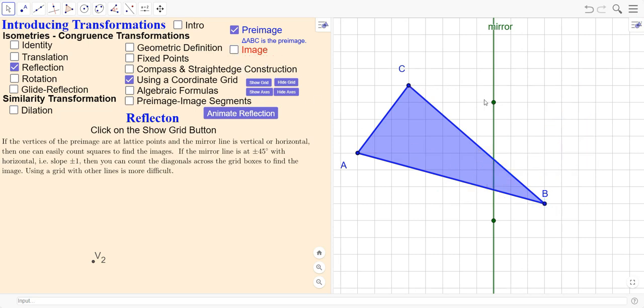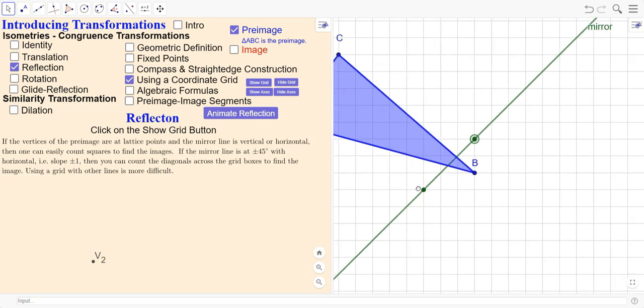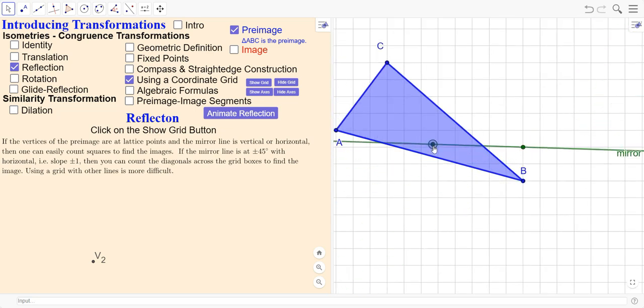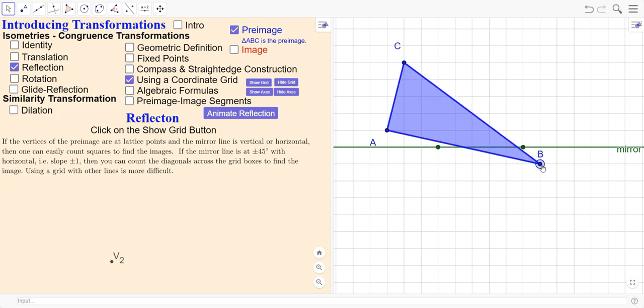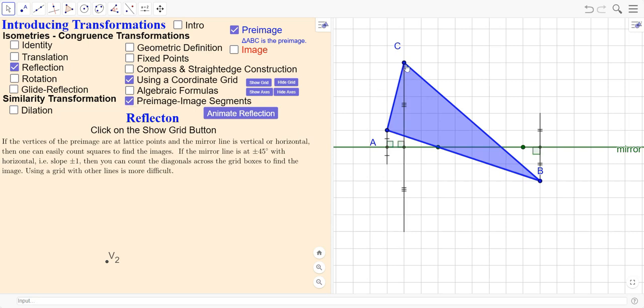Now, what if you have a horizontal line? Very similar kind of thing happens. Let's say we have that there. So again, this time the perpendiculars are going to be vertical lines if this mirror line is horizontal.